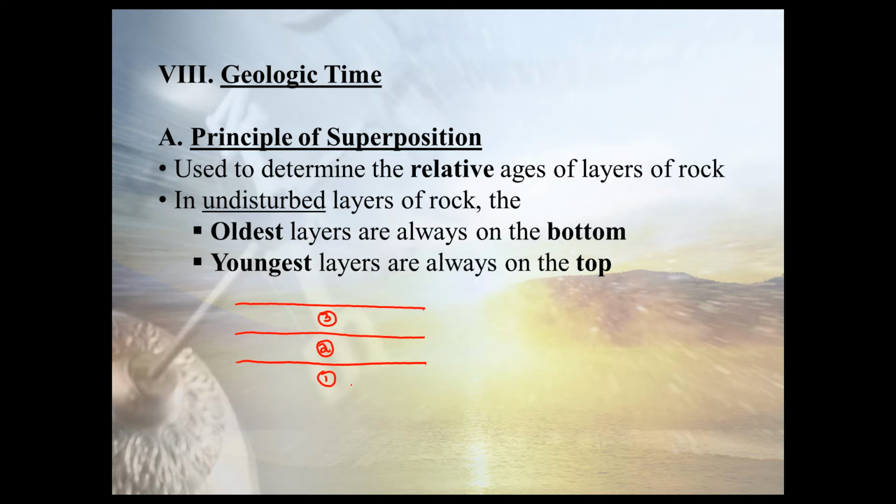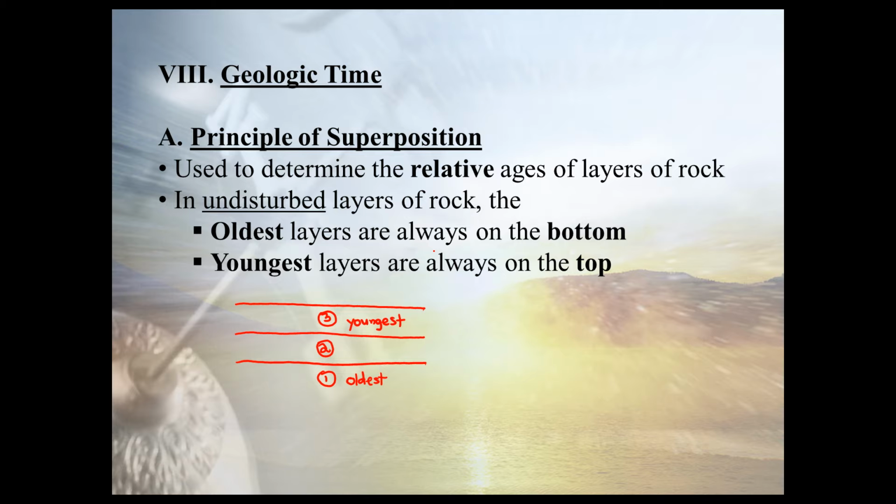So in these 3 rock layers, I know that layer number 1 would be the oldest rock layer. Layer number 3, well, that was the last layer where you had sediments combining together, getting cemented together to give you this layer. So this top layer would be the youngest rock.